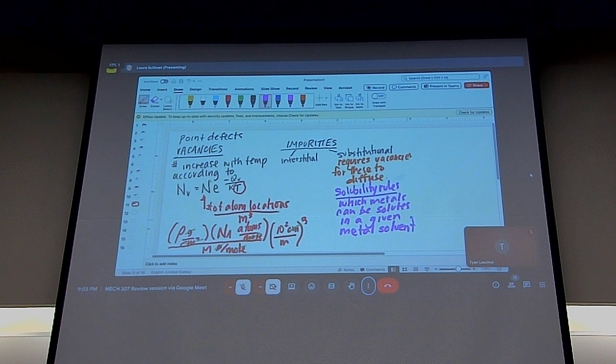So once you know which metals can diffuse into which other metals, then we can use our diffusion equations to talk about how fast that would happen.